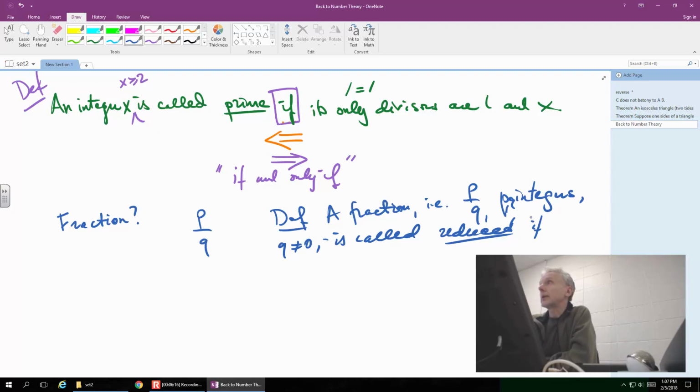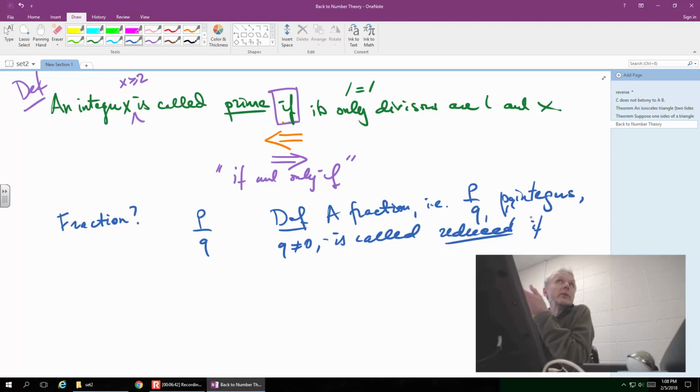Well, you brought up reduced fraction, so what does it mean? If both numbers are prime? No, not necessarily. What is a reduced fraction? Would be the smallest factor, smallest greatest common denominator.